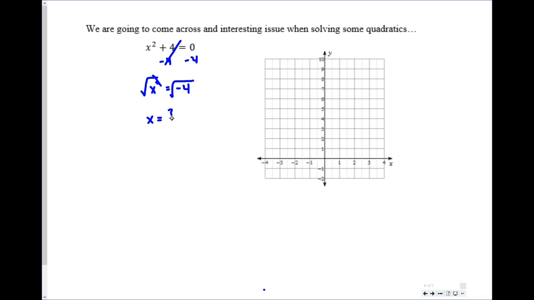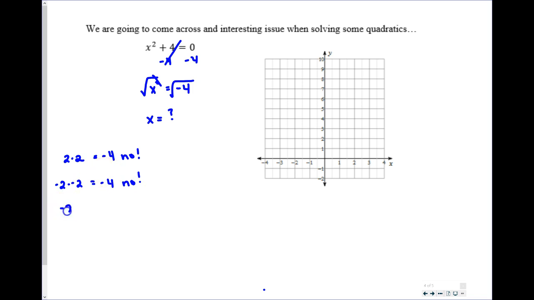The reason I have no idea here is because, remember, a square root means that you're multiplying the same two numbers to get this negative 4, right? So I want to figure out what two numbers give me negative 4. So let's try 2 times 2. Does 2 times 2 equal negative 4? No. How about negative 2 times negative 2 equals negative 4? Nope, because 2 negatives make a positive.